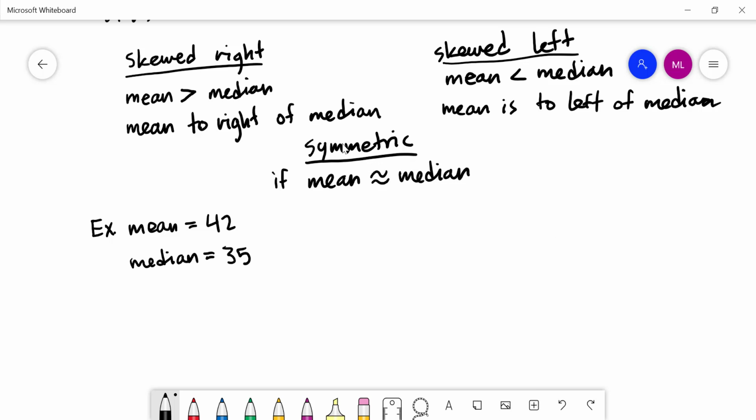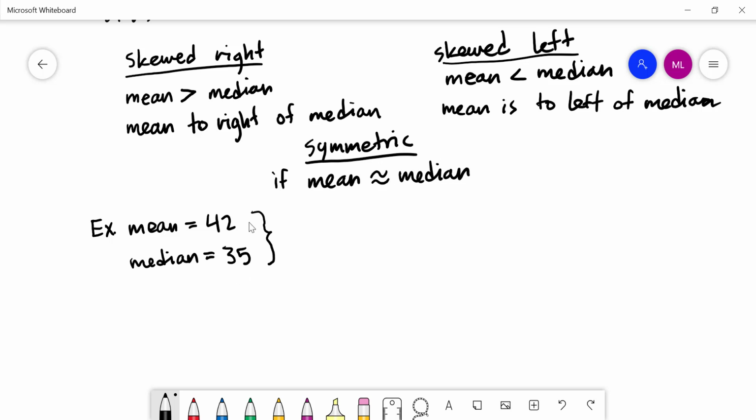Well, I know it's not going to be symmetric because these two numbers aren't approximately the same. Maybe if it was 42 and 42 and a half, or 42 and 41 and a half, if they were really close, I'd say, oh, that's pretty close to symmetric. But in this case, they're pretty far apart.